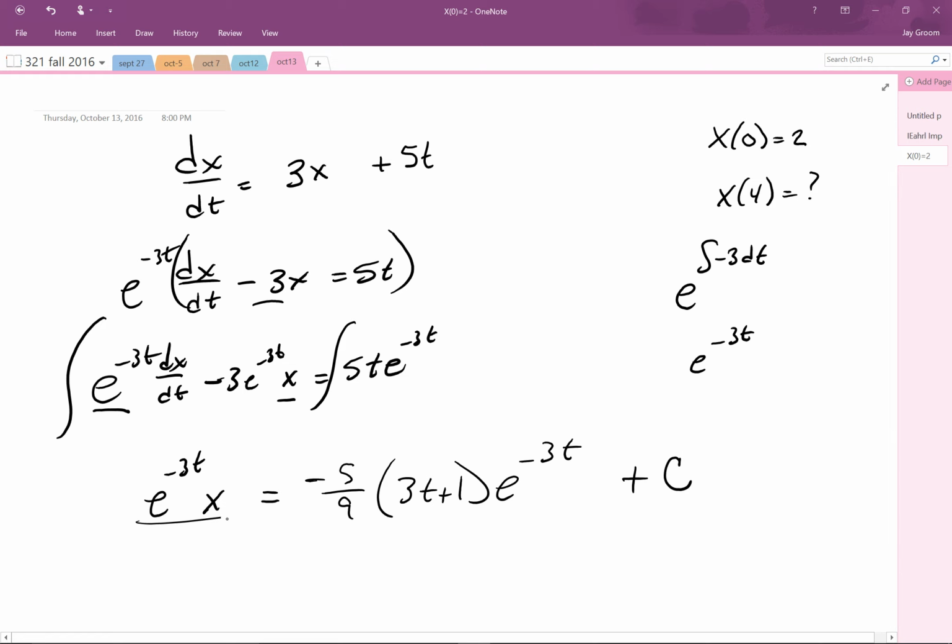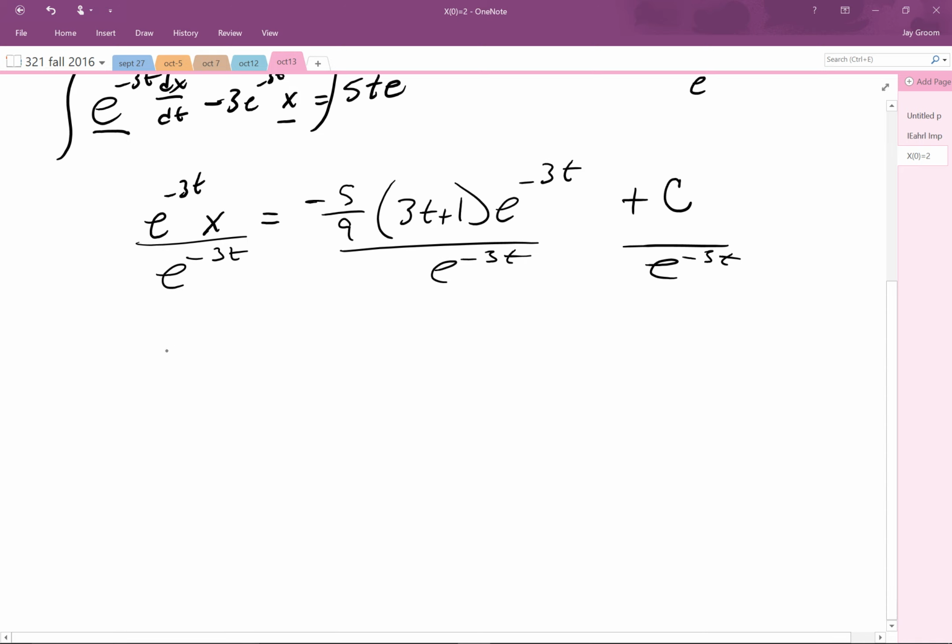So when you divide by e to the negative 3t to solve this, you'll get x of t is equal to, those cancel out, and you get just this linear piece here, and this piece is exponential.